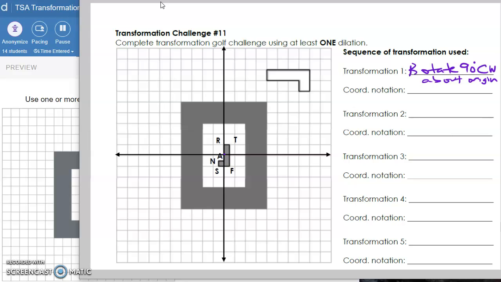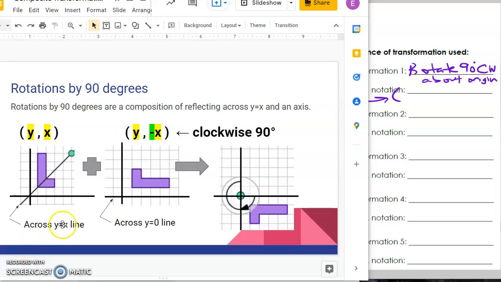So my coordinate notation is going to take my XY, and take it to now a rotation 90 degrees clockwise. I'm going to refer to the slides where I have that information. So in the slideshow composite transformations, my rotation by 90 degrees, this is the very last slide, number 12.